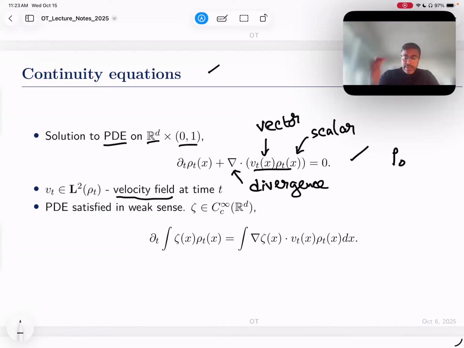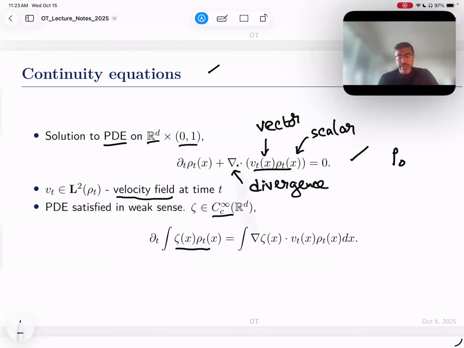Now, when I say that the PDE is satisfied in the weak sense, what I mean is that if you take a smooth, compactly supported function zeta on R^d, and apply del t to the integral of zeta of x, rho t of x dx, then what you get is minus the integral of divergence of V t of x rho t of x times zeta of x.